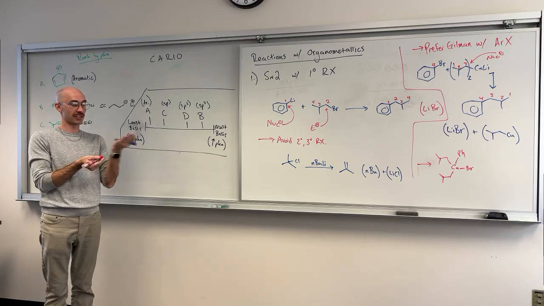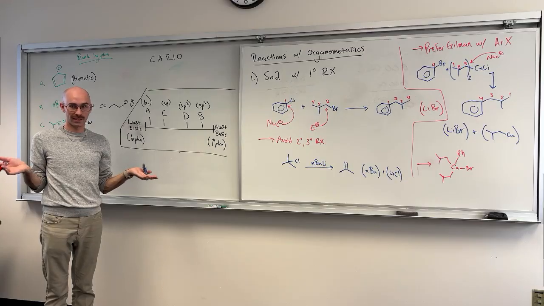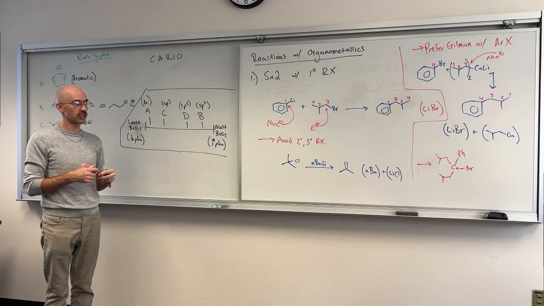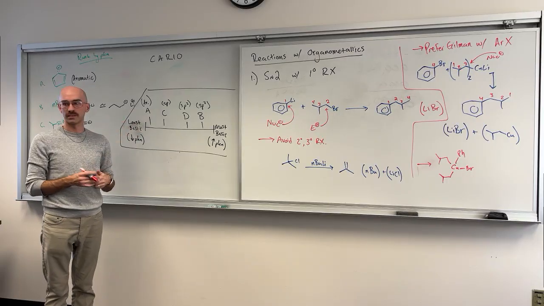Copper dissects the aryl halide. Eats it up. Yum, yum, yum. Lithium's just floating around. Lithium is still balancing the charge. This still has a net negative charge. And so lithium is still there balancing the charge.